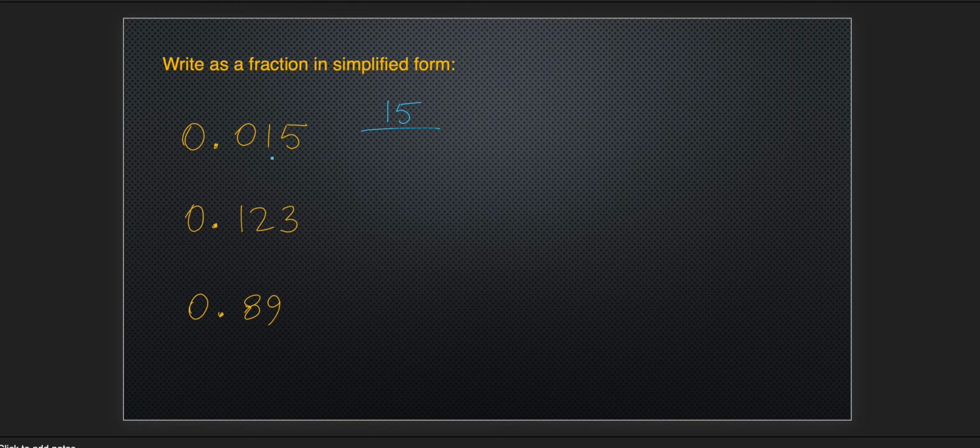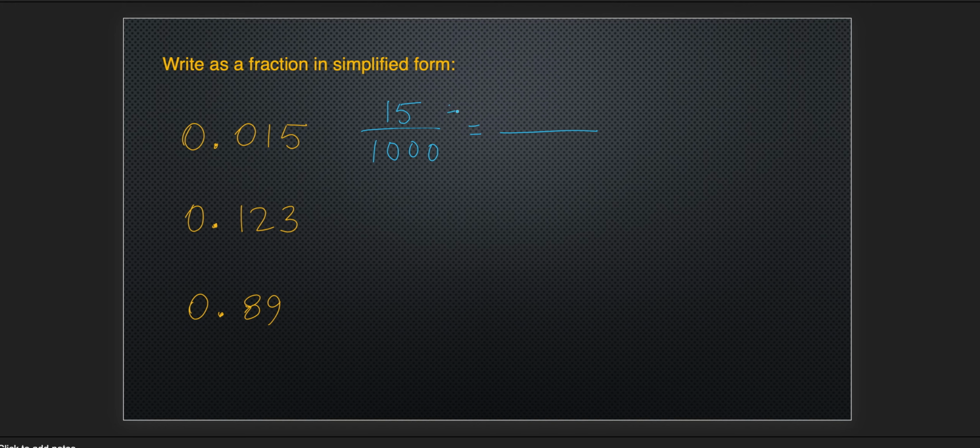It depends on how many decimal places there are here, and that'll tell you how many zeros should go here. 1, 2, 3. Since there's 3 decimal places here, there should be 3 zeros right here. And then it says in simplified form, so you just got to reduce that. I know it can be reduced because anything that ends in 5 and 0 is divisible by 5 at least.